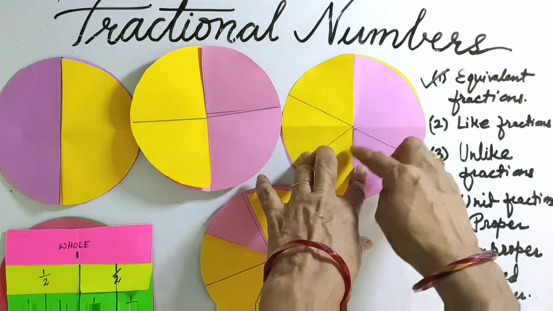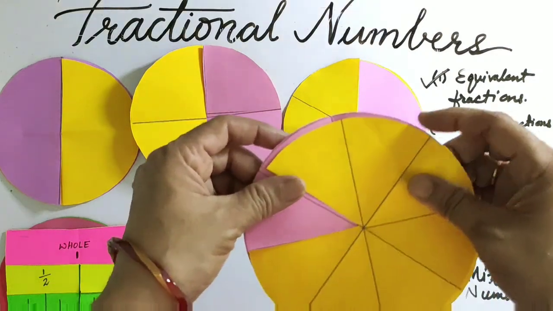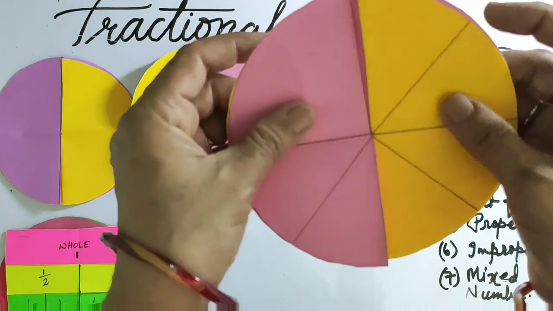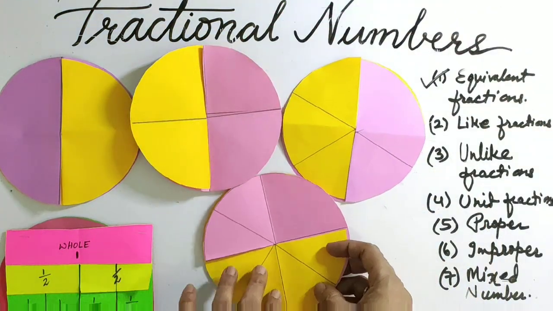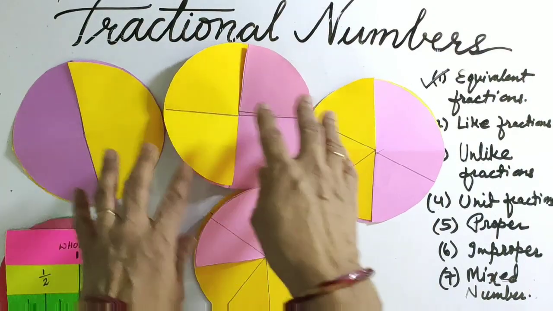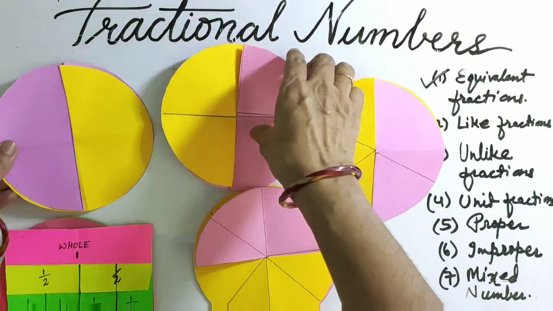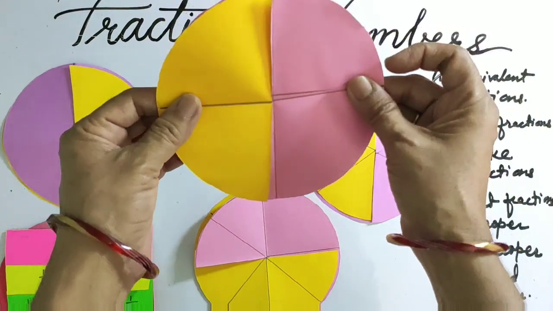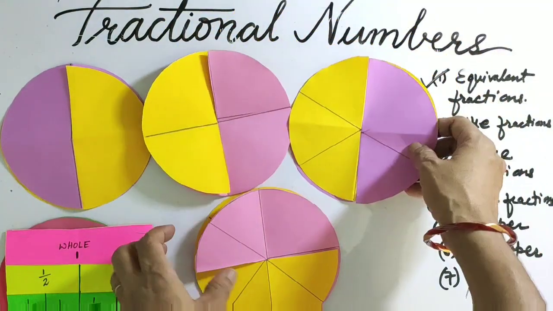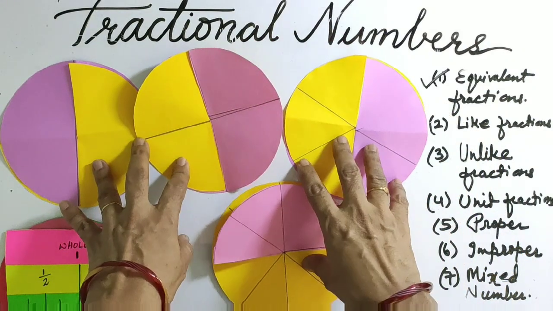See here, 1 2 3, this also 1 2 3, so 3 by 6. And here it is divided into 8 parts, so when you show the half, this is 4 by 8. So see, all are same, but the name is different. This is 1 by 2, this is 2 by 4, this is 3 by 6, and this one is 4 by 8. So this is called equivalent fraction.